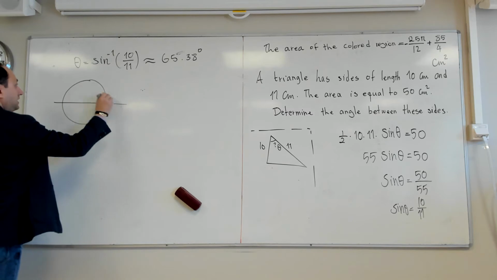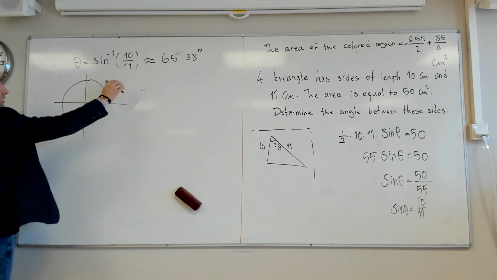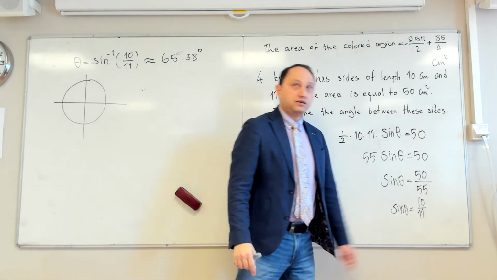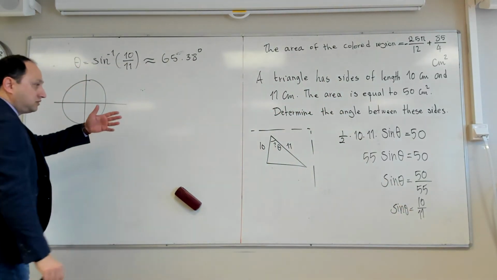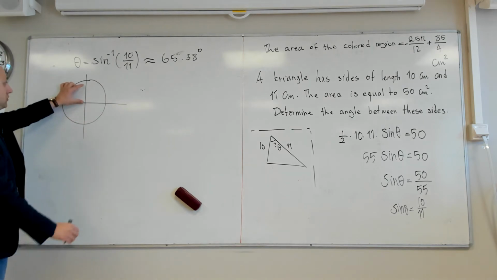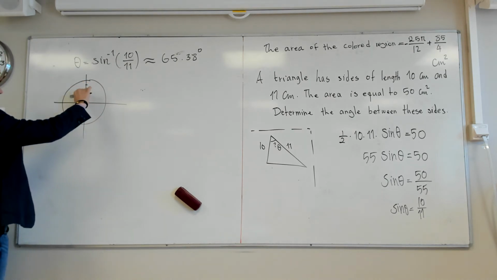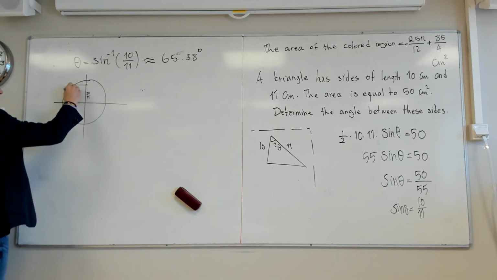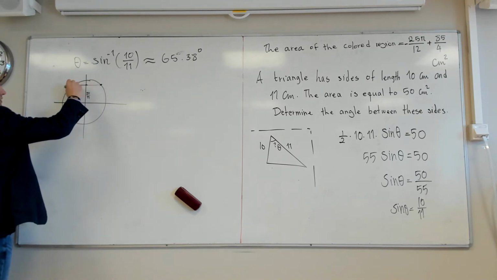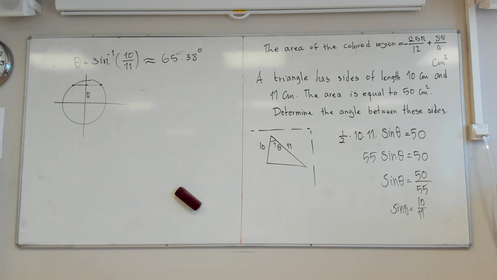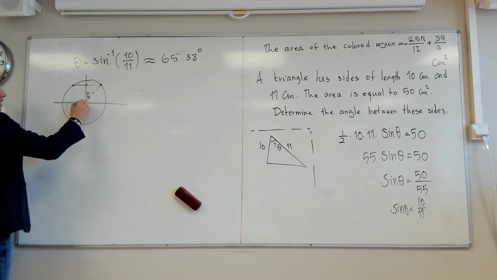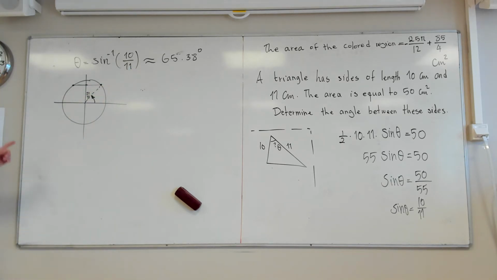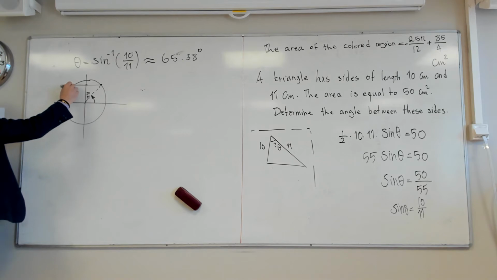But if I give you this number and ask you to calculate using a protractor, 10 over 11 is a number. You use your ruler and measure that length, and then you draw a horizontal line. Then you see 2 intersection points. One of them is the one that the calculator gives you.